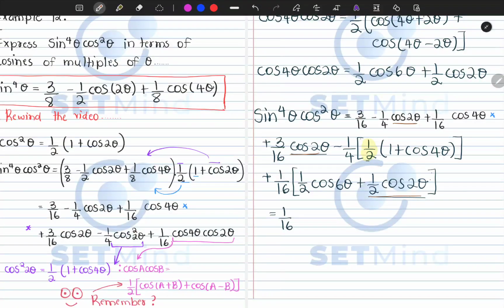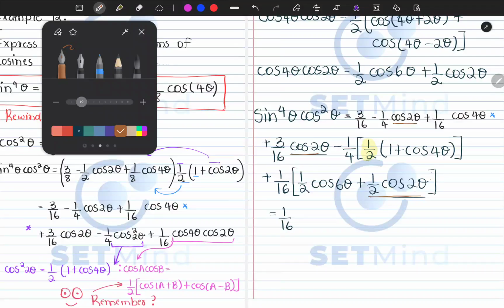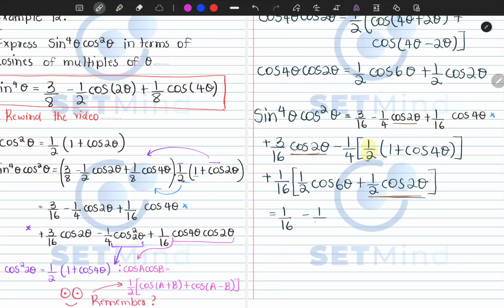Then plus this term, which is 1 over 32. So that will give us negative 2 over 32 plus 1 over 32. So that becomes indeed negative 1 over 32 cos of 2 theta. Then let's look at the 4 theta terms, which is one of them. It's this one, so it's negative 1 over 8, and it will be added to 1 over 16.